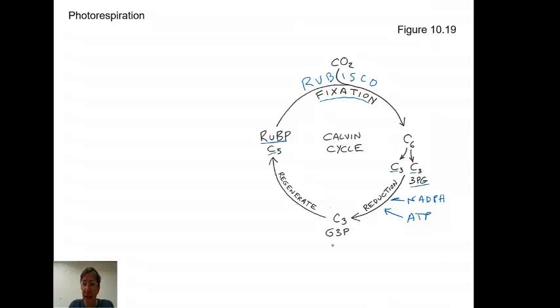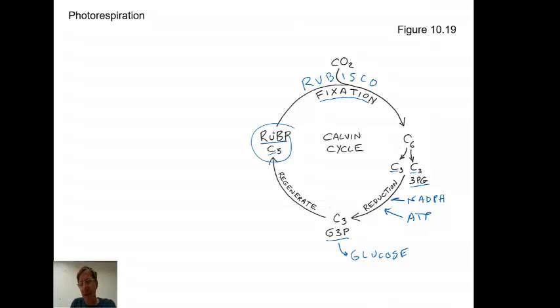The result is another 3-carbon molecule, glyceraldehyde 3-phosphate, and these are the carbons in their reduced form. Some of this can be used to make glucose, but remember that most of it is actually used in this regeneration step to resynthesize the ribulose bisphosphate.